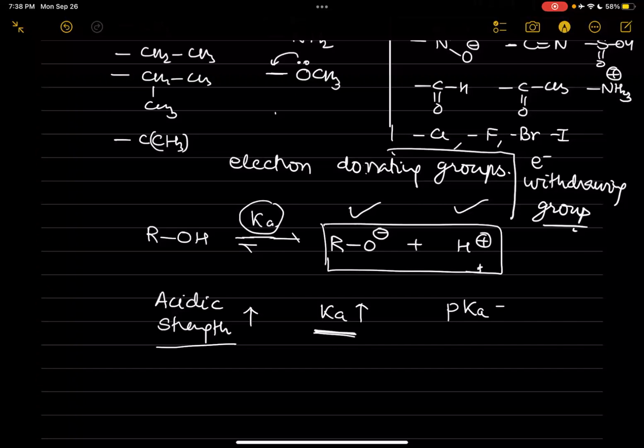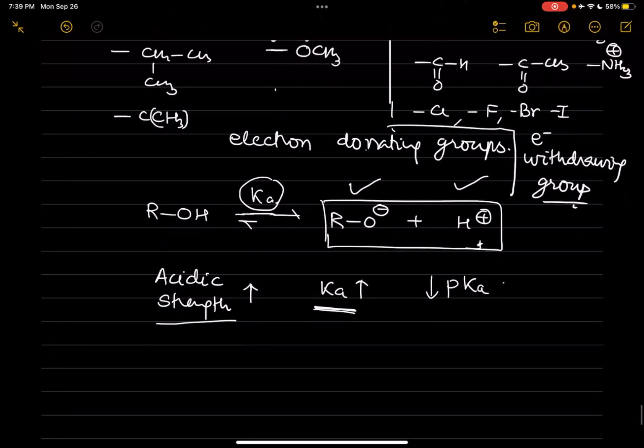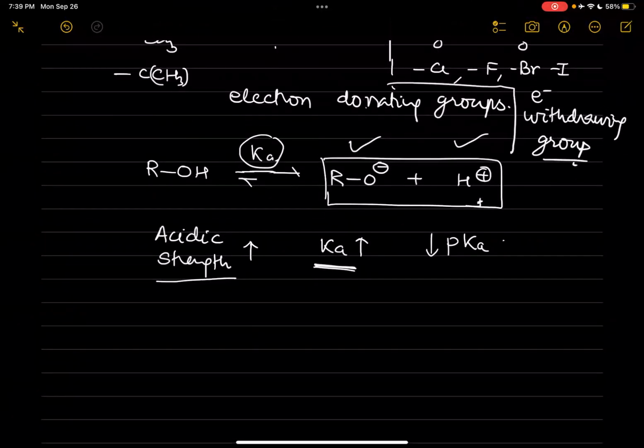Another thing is pK. The pK is going to be less. So the acidic strength order and the pK order move in reverse directions. What is pK and why is it the reverse of acidic strength? You take the negative logarithm of Ka. That's the reason. But you don't have to get into the details.